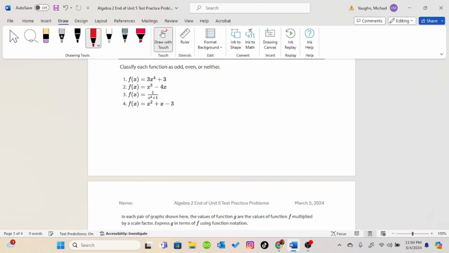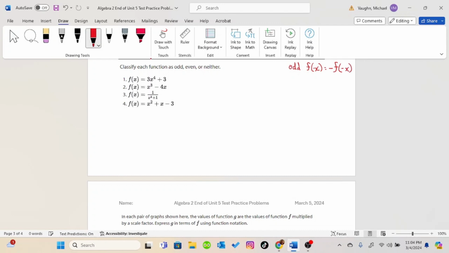Classify each function as odd, even, or neither. What you need to know is that for an odd function, f of x equals negative f of negative x.